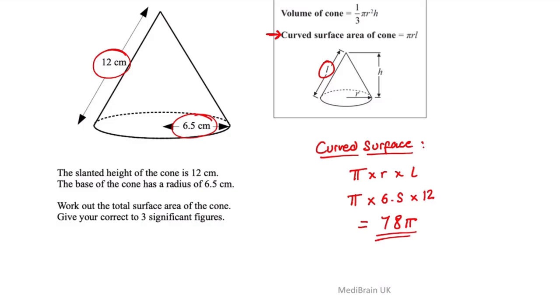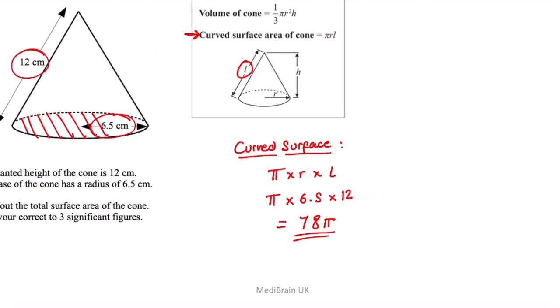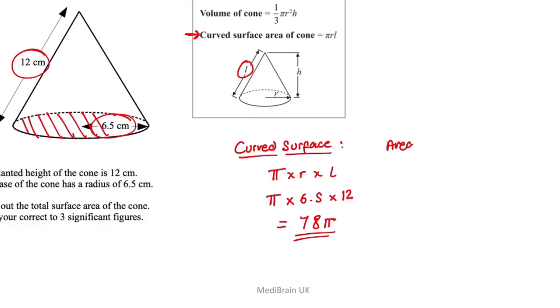Now, remember what I said, to work out the total surface area, you also need to add the surface at the bottom. The surface at the bottom is just a circle. So you need to work out the area of the circle at the bottom. You're just going to do pi times r squared.